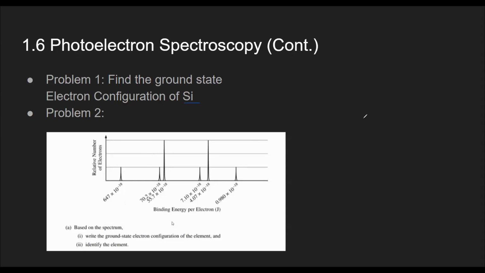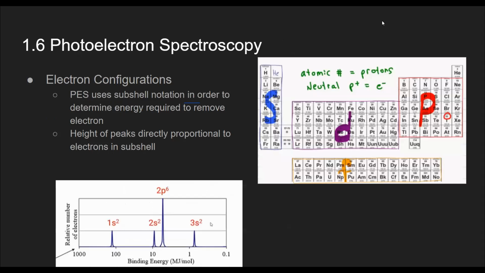Let's use this one. So basically if you have H and He, that's 1s2. And you also have Li and Be, which is 2s2. Then you have boron to neon, which is 2p6.